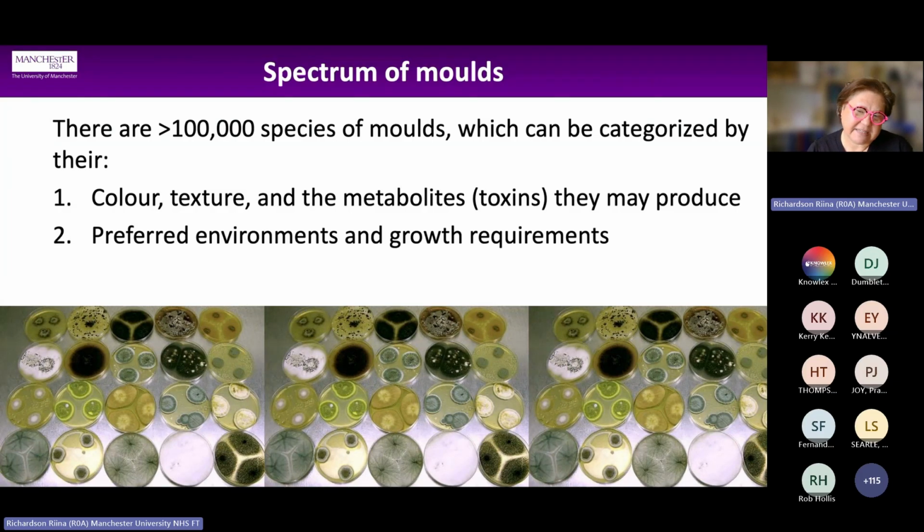But from a practical point of view, it's also important how you interpret certain findings. For example, if you grow a mold in environmental sampling, what does it mean? So we have to understand that it reflects the environment where it's been identified from.